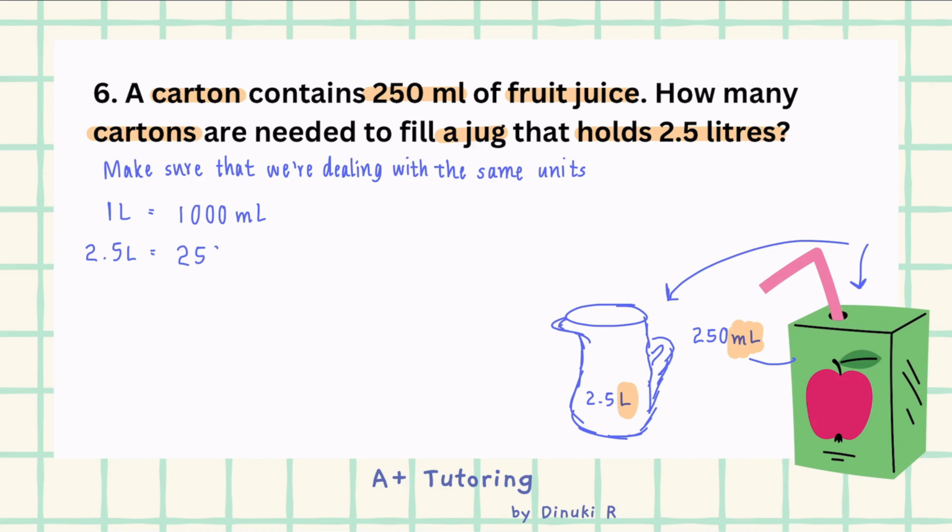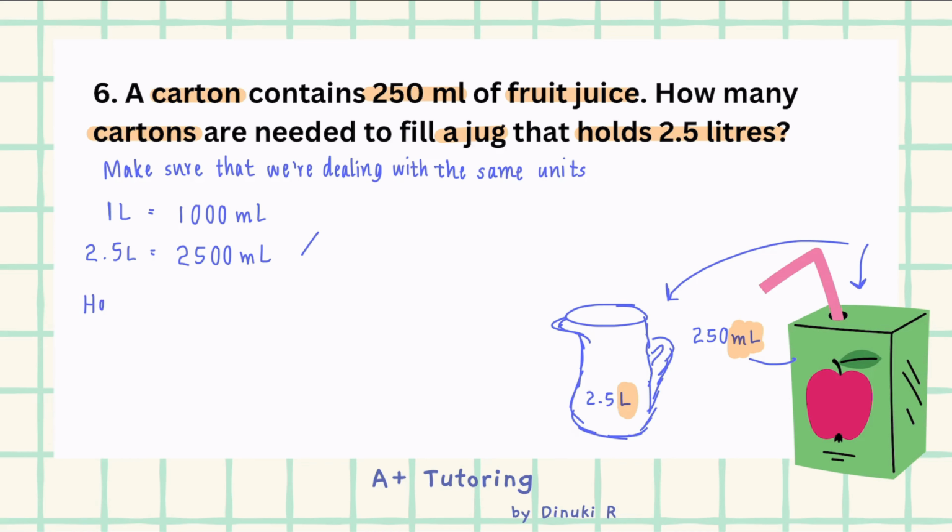So it's 2,500 milliliters, right? So essentially, 2.5 liters is the same as 2,500 milliliters. Okay. Now that we've changed both of them, originally the carton has 250 mils, so we don't really need to change that. That's already in milliliters, right?